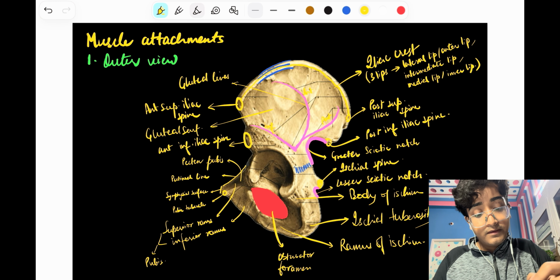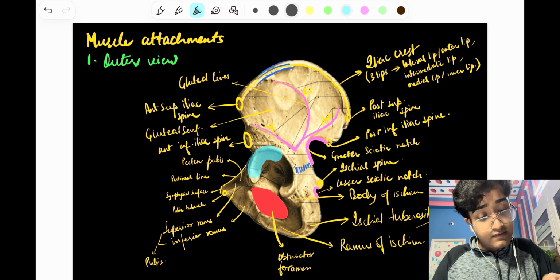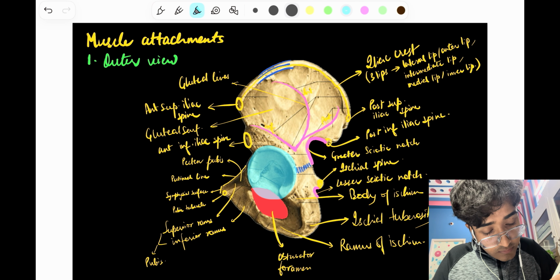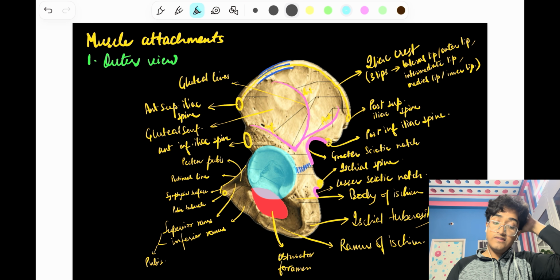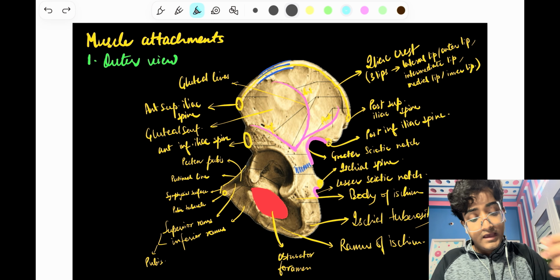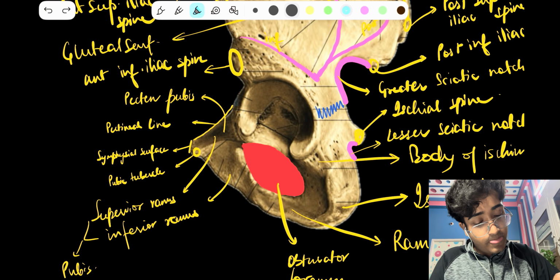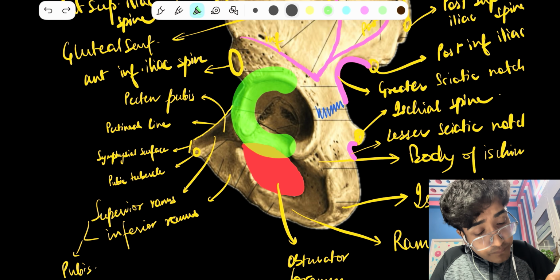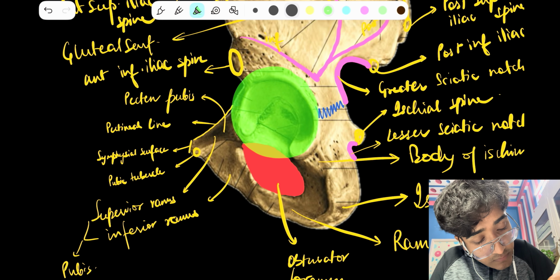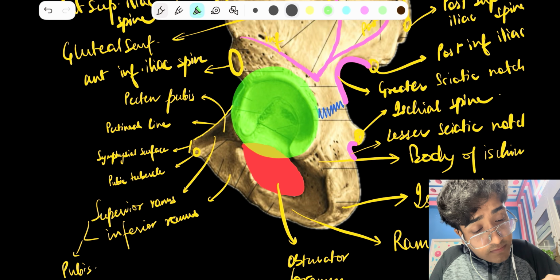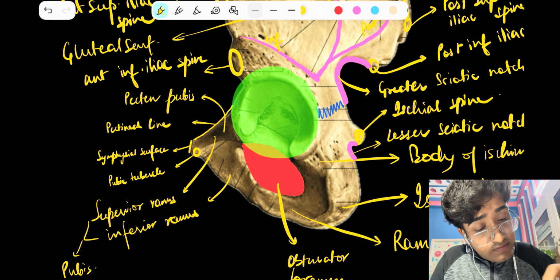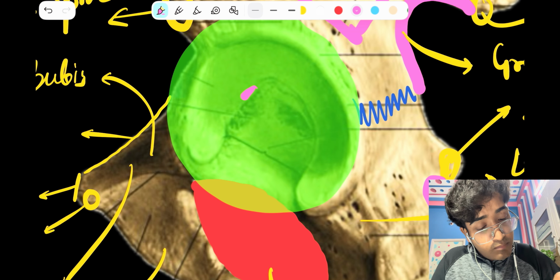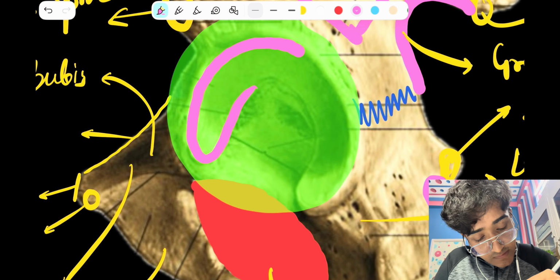Now let's talk about this cavity. What is this cavity? This cavity is known as acetabular cavity. Okay, and then you can see a moon shaped surface, isn't it?